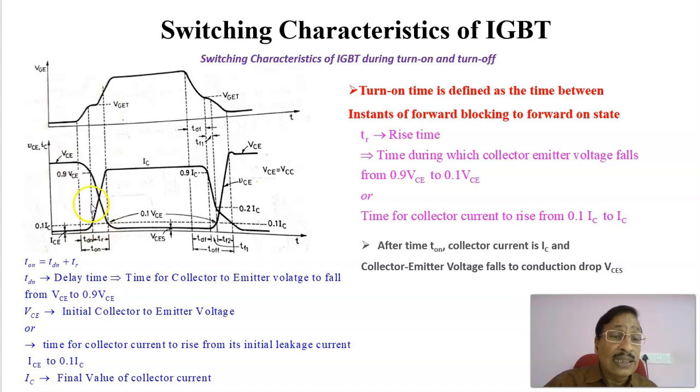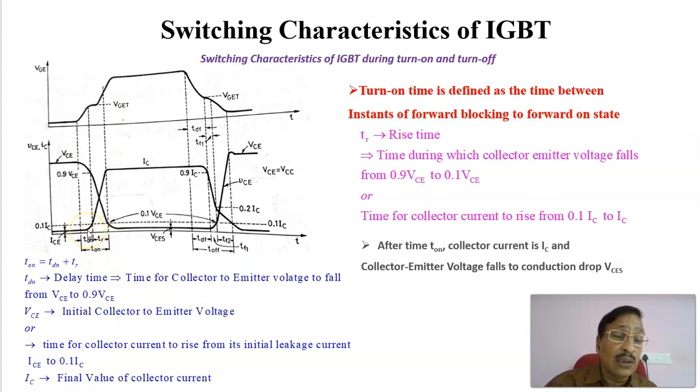Another way to explain the same thing is that the delay time is the time during which the current rises. That is, the time required for the collector current to change from the initial leakage current to 10% of the final value, 0.1 times IC.